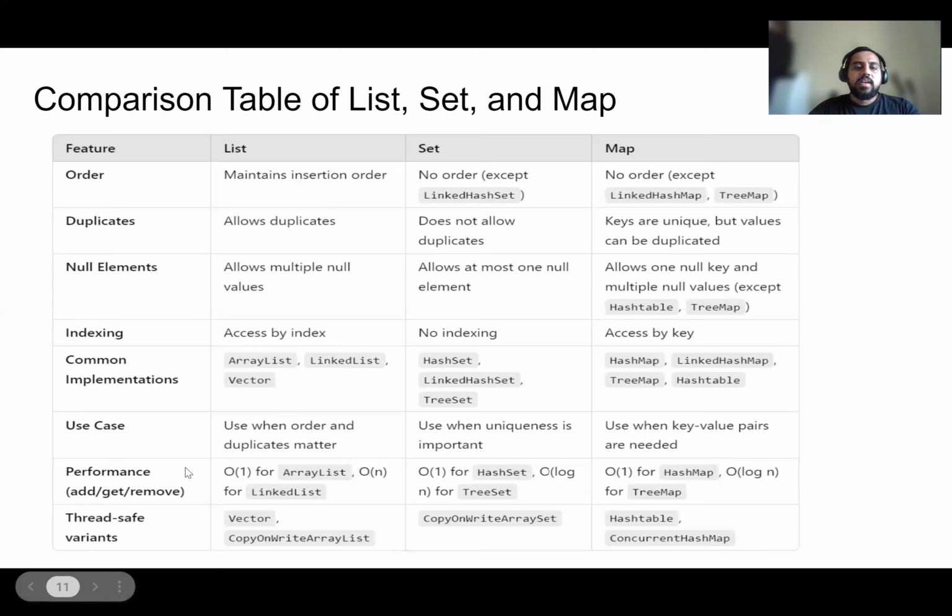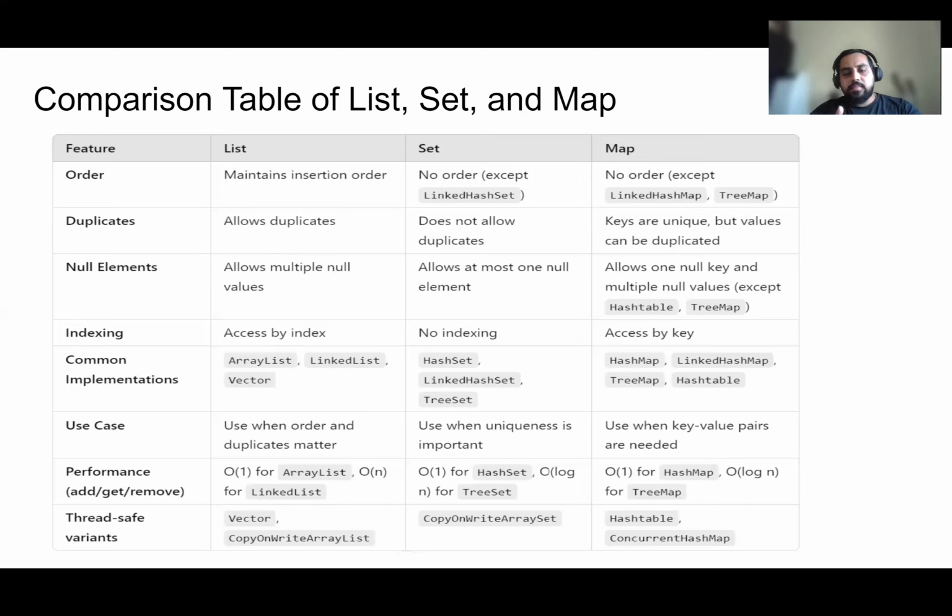Performance-wise, for ArrayList, get is O(1) and insertion is O(n). But for LinkedList, insertion is O(1) and get is O(n). For set, O(1) for HashSet and O(log n) for TreeSet. For map, O(1) for HashMap and O(log n) for TreeMap. Okay. Thread-safe variants: for list, we have Vector and CopyOnWriteArrayList, which are synchronized.